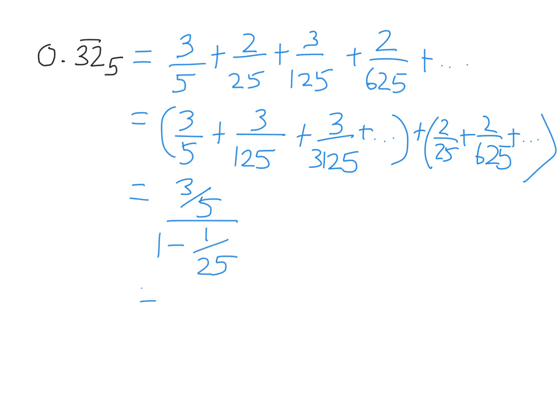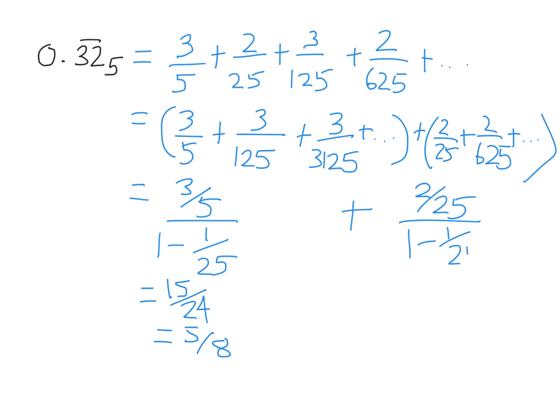For that, I actually get 15 over 24, which is equal to 5 over 8. Now I'm going to do the same here. This limiting sum is the first term over 1 minus r. Again, r is 1 over 25. So this, if you put it in your calculator, is actually 1 over 12.